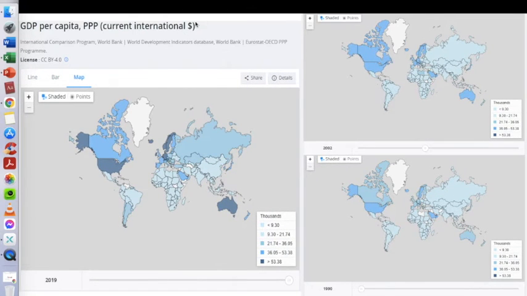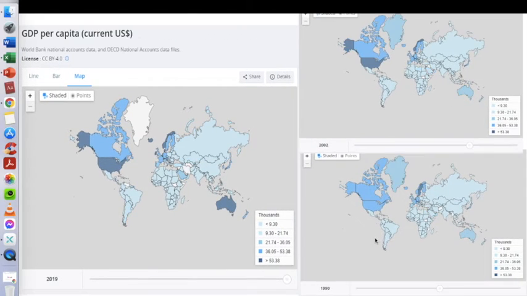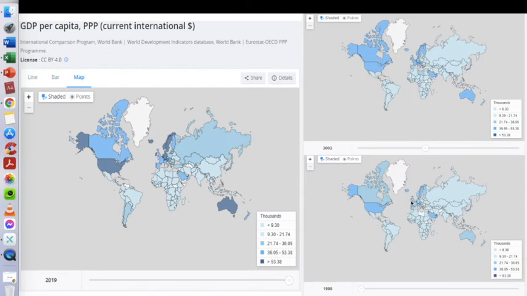in PPP international dollars, we can see that changing to PPP actually makes it darker. You can see Scandinavia, throughout Europe, Tunisia, even Australia gains by changing to PPP. And let's look at 1990, switching back and forth.